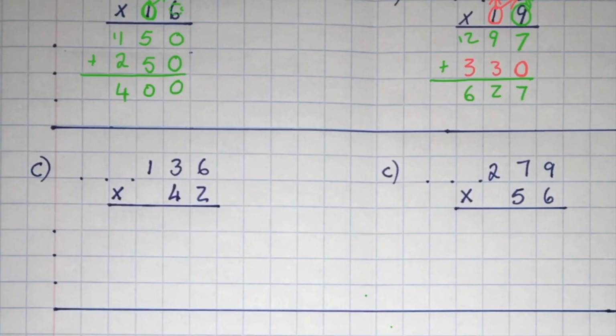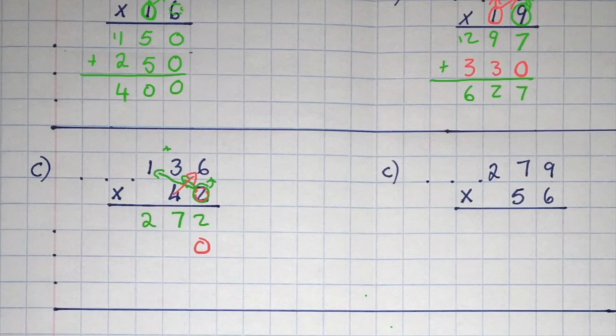C, we're going to start with the 2. 6 times 2 is 12. Put the carry. 2 times 3 is 6, plus the carry is 7. And then 2 times 1 is 2. Cross out the carry. Look for the 0 underneath the 2.